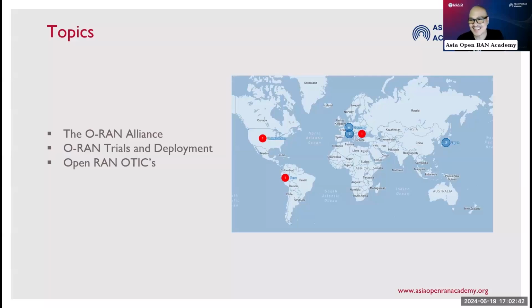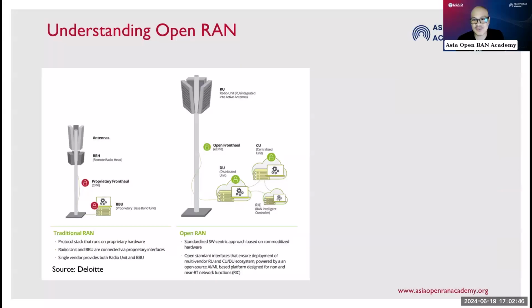Okay. All right. So let's first have an understanding of Open RAN. This slide you always see. It's just a comparison of Open RAN and traditional RAN, coming from Deloitte. It's a good comparison between the two. For traditional RAN, you have what we call the cell site.